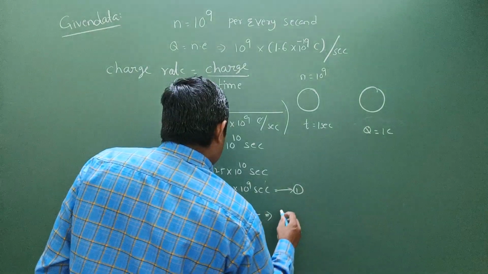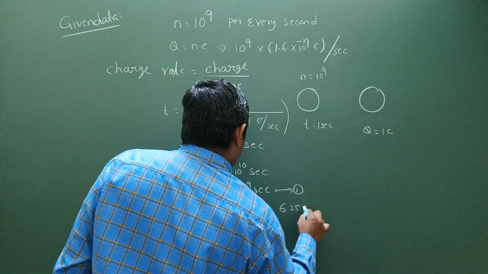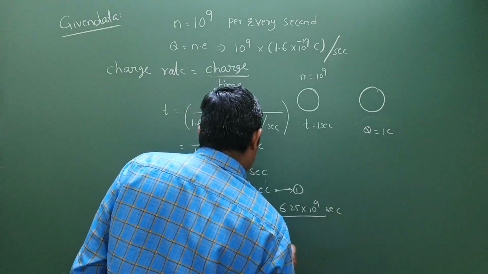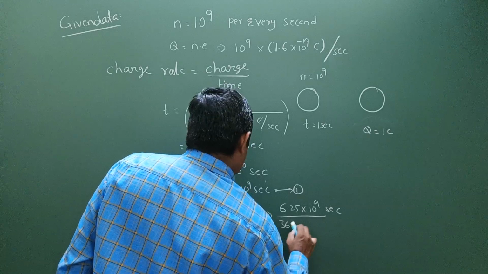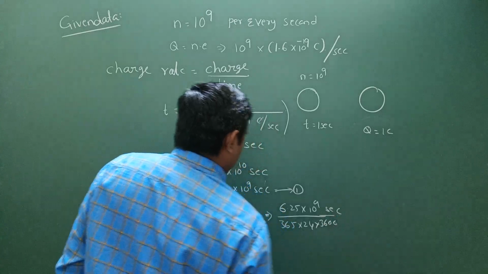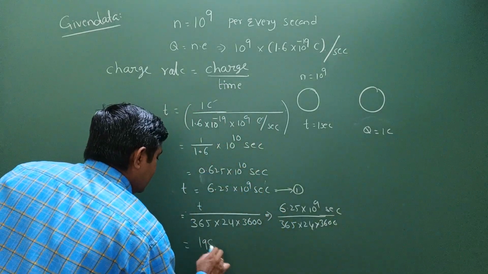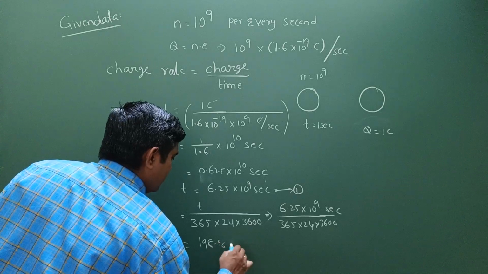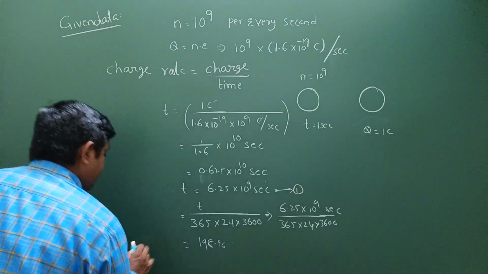So 6.25 into 10 to the power of 9 seconds divided by 365 into 24 into 3600. If you do that, approximately 198 something is what you get in years.